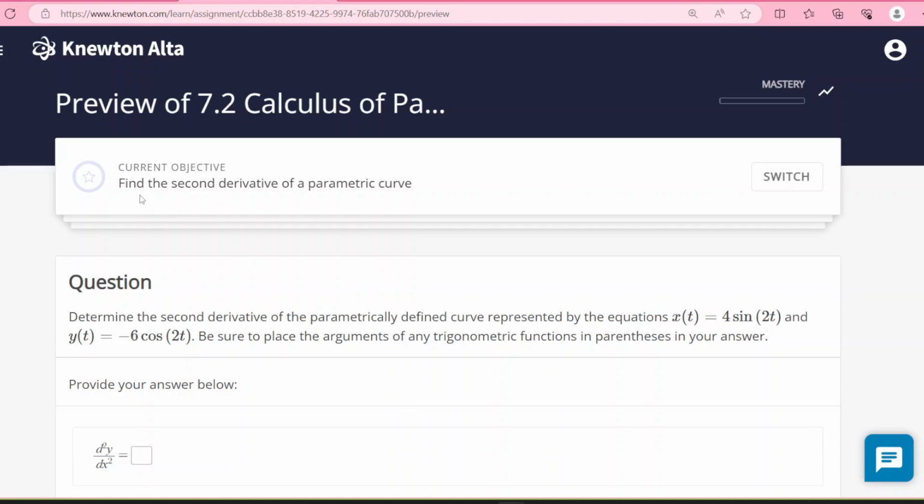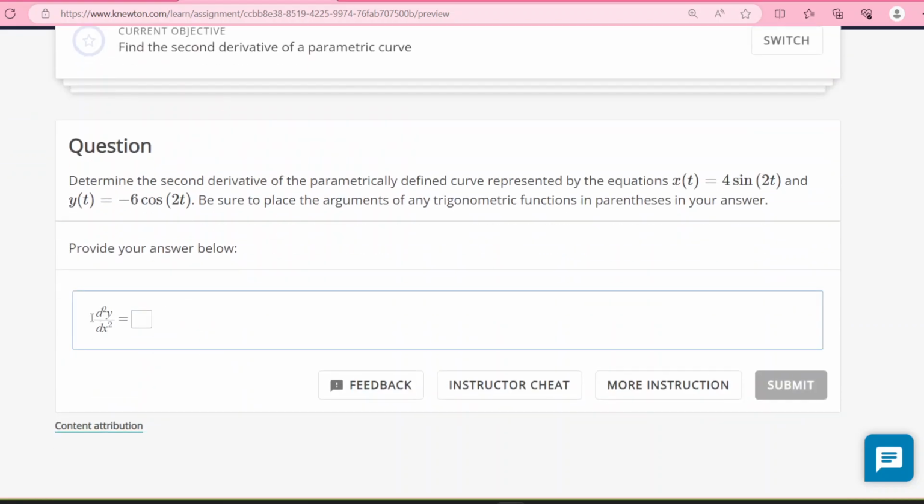The first objective I'm looking at here is to find the second derivative of a parametric curve. Remember the second derivative from Calculus 1: d squared y over dx squared, the second derivative of y with respect to x.